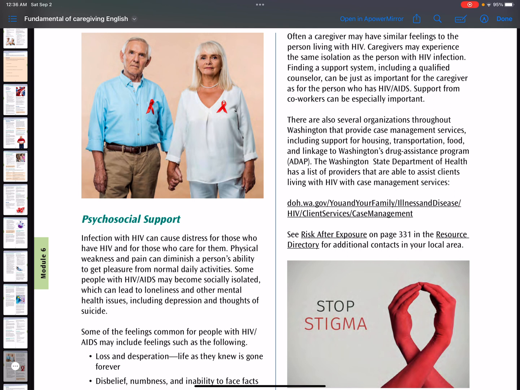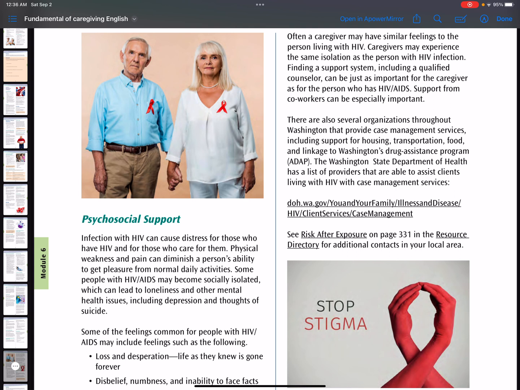Some people with HIV or AIDS may become socially isolated, which can lead to loneliness and other mental health issues, including depression and thoughts of suicide. There is also stigma associated with it.